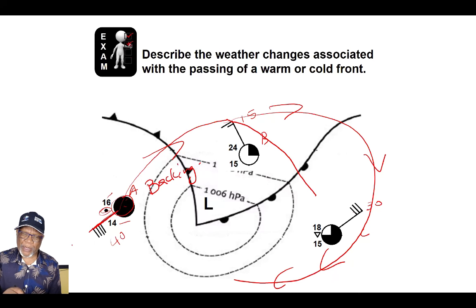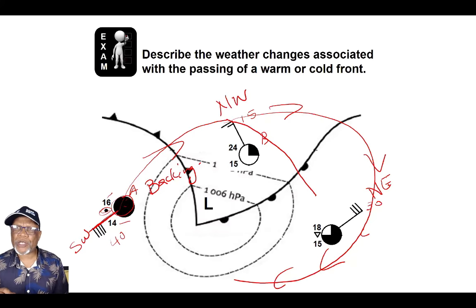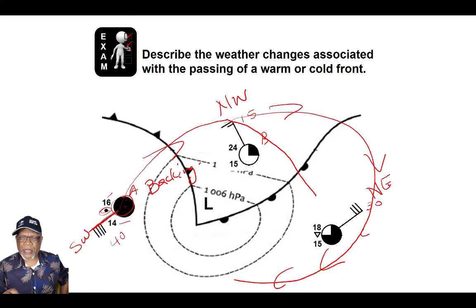When the winds were coming from this direction, then the winds came from this direction, then the winds came from that direction. So the process that you see happening here is called backing, which is the change in wind direction in the southern hemisphere.